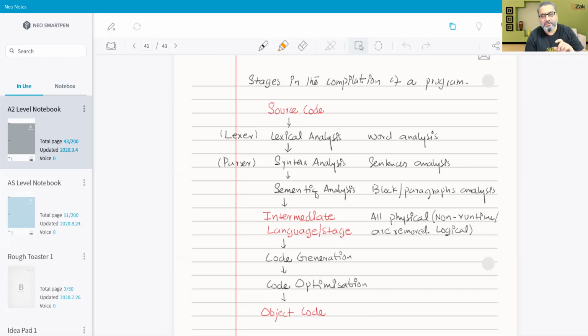Hundreds of thousands of people are running software all the times in their cell phone, in the desktops, laptops, and tabs. So what operating system does, it finds the space on the go.